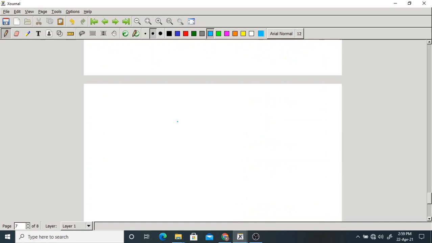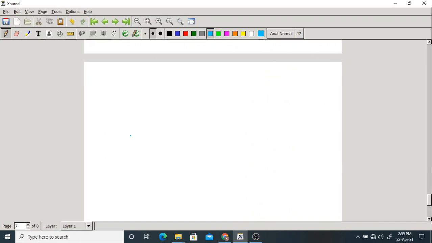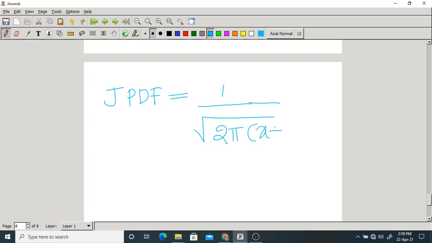Multiply these two. Simply, what do you get? The joint PDF will be equal to 1 by root 2 pi into x plus 1, into e power minus x, into e power minus y square by 2 into x plus 1.